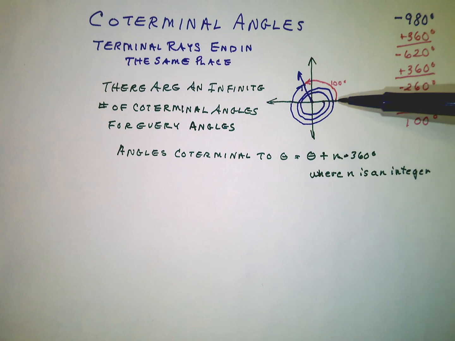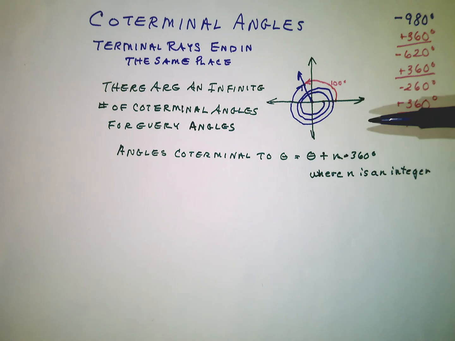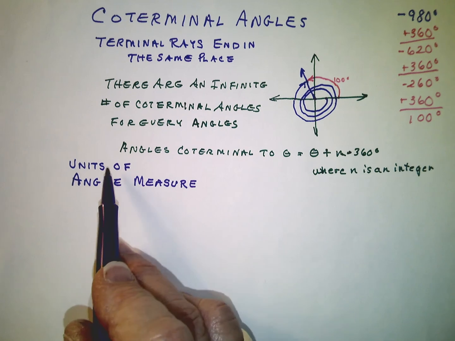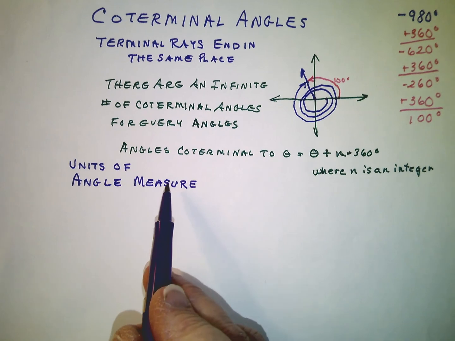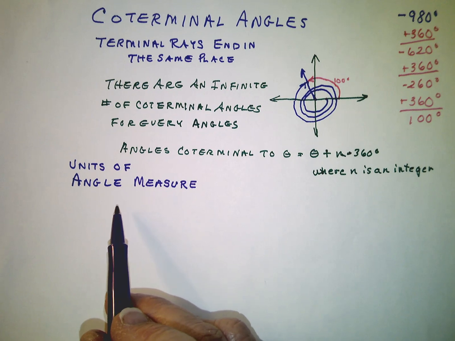We can have angles that are negative in degree. We can have angles that aren't even in degrees. And even degrees aren't as simple as they look. We have several units for measuring angles, all of which are based on one full circle.